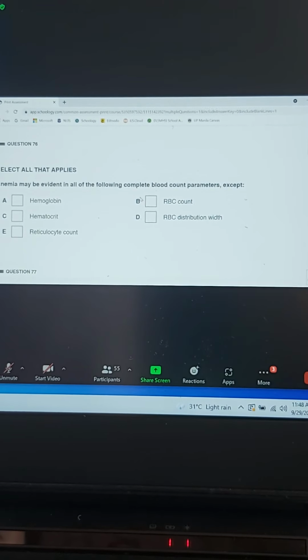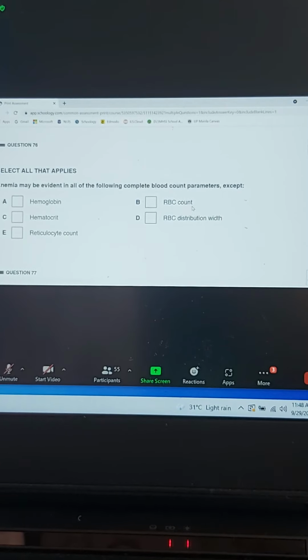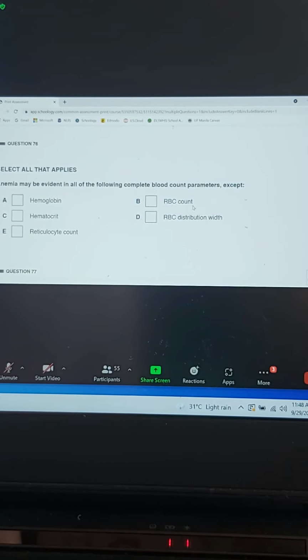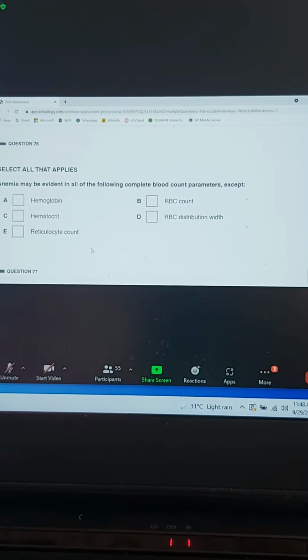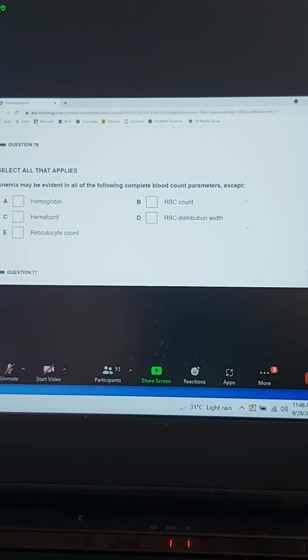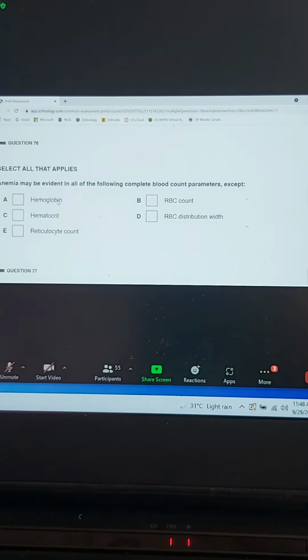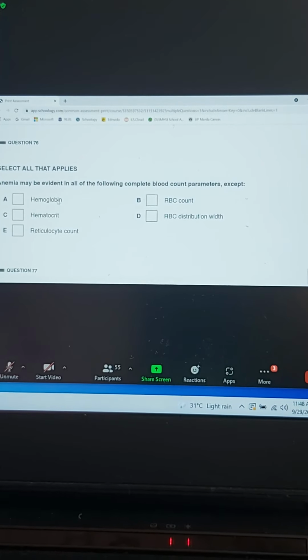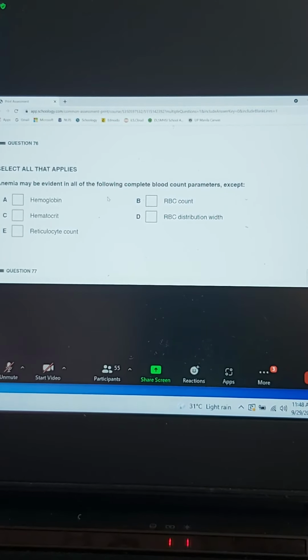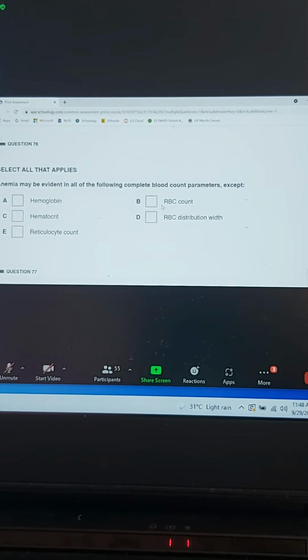How about RBC count? Yes. Kapag bumaba ang RBC count, yes din po. Hematocrit, yes po. Okay, so kung babalikan natin ang discussion, ang anemia, regardless of the cause, they manifest as decreased RBC parameters, particularly your RBC count, hemoglobin, and hematocrit.